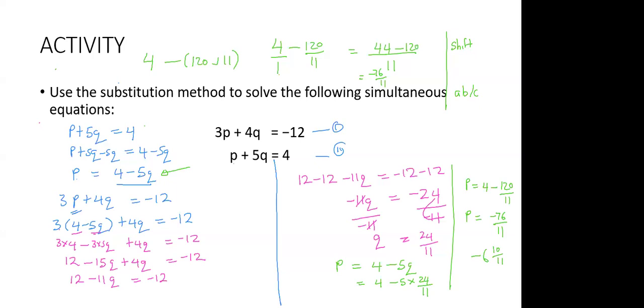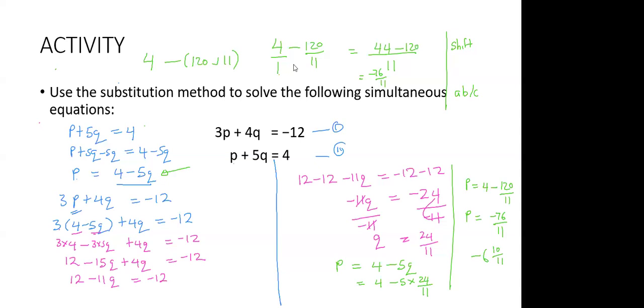It's not clear to me how, when here you had 12 minus 11q equals -12. So when you reach here, on 12 minus 11q equals -12, on top, negative what?